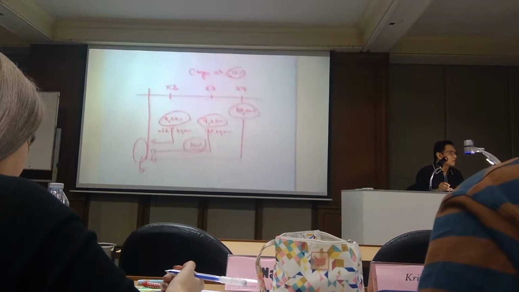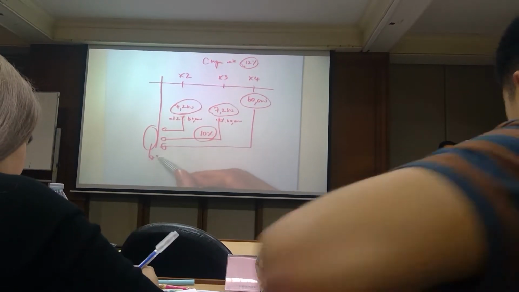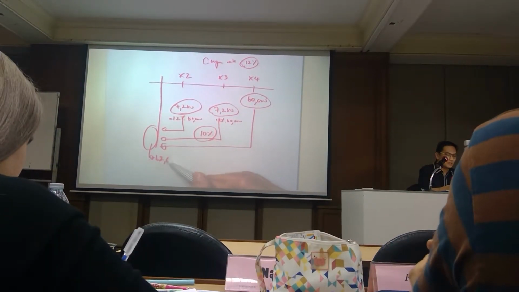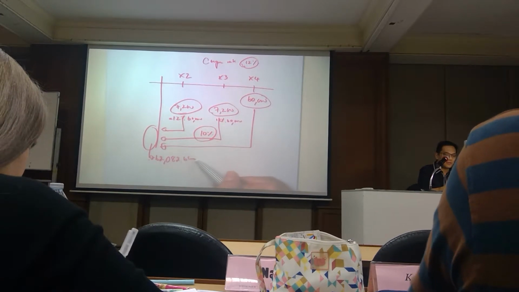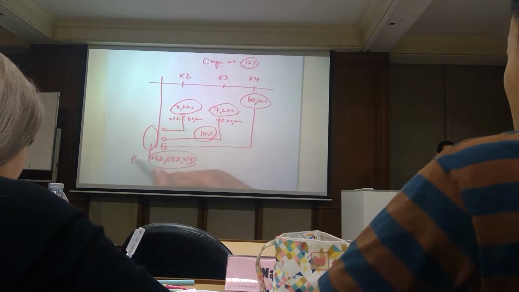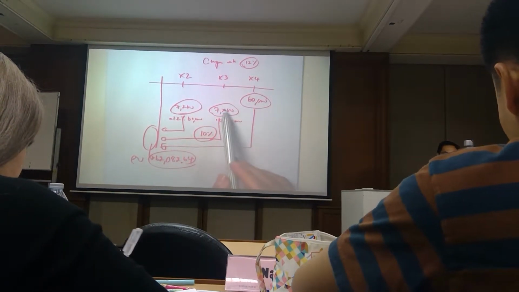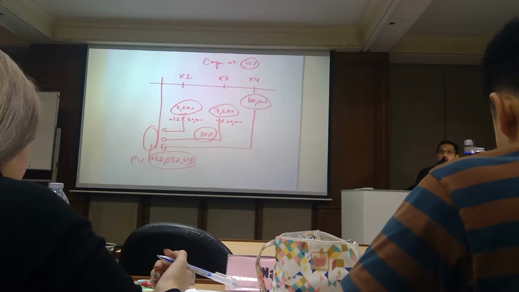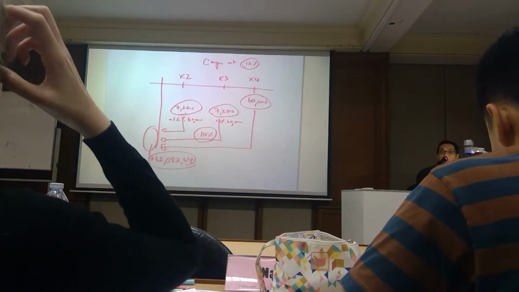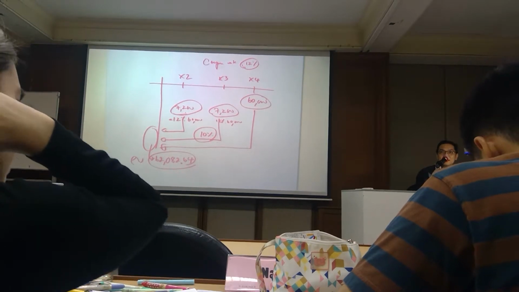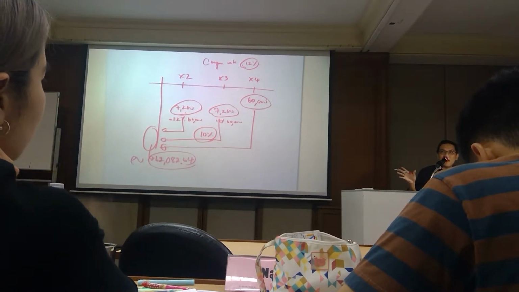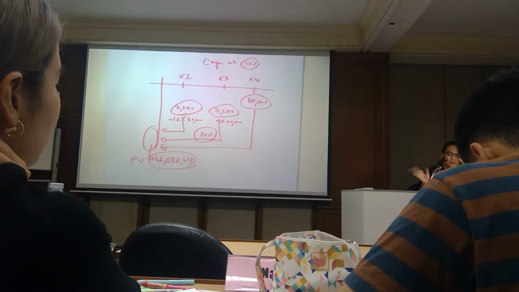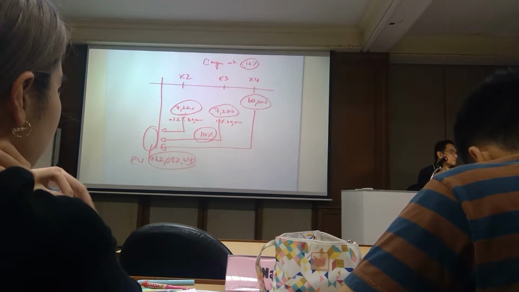So the number you got is 62,082.64. This is the present value of 1, 2, and 3. Add all together. This is how you value the bond, isn't it? Discount the future value, discount the future money back to the present.